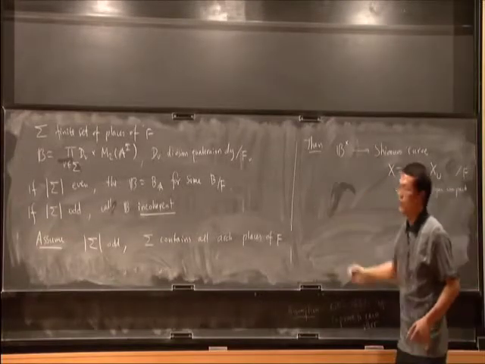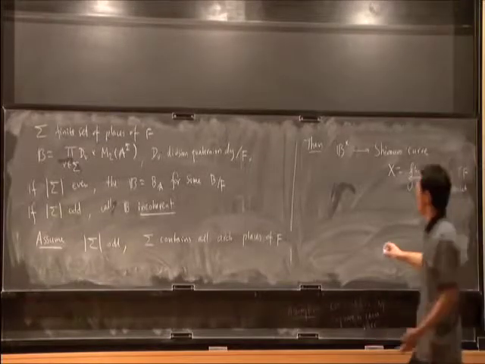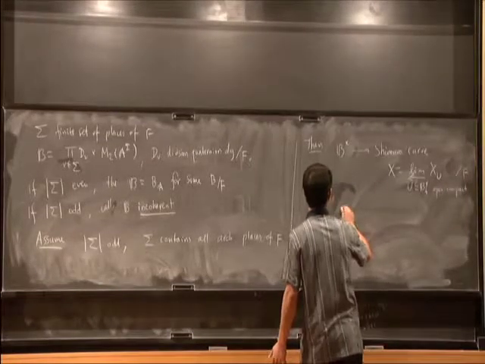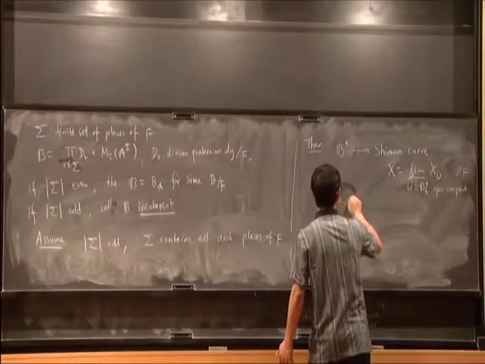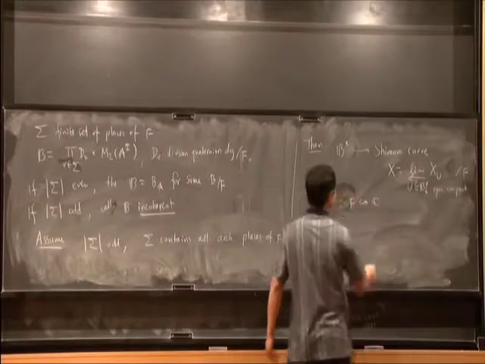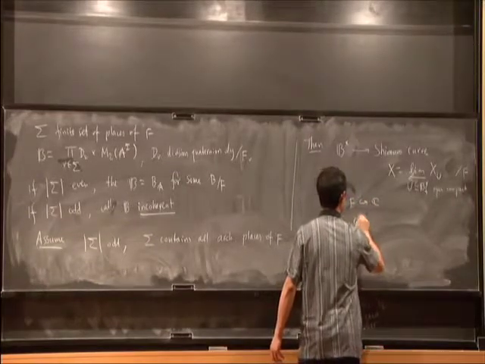To get the connection with the classical language, the language of Shimura and Deligne, we take a complex uniformization. So for any embedding tau, we consider the tau point, X_U(tau)(C).